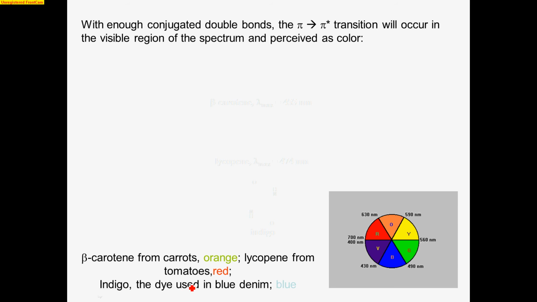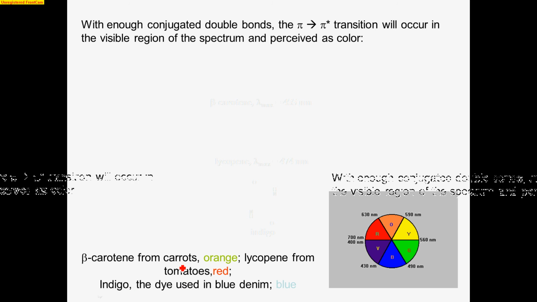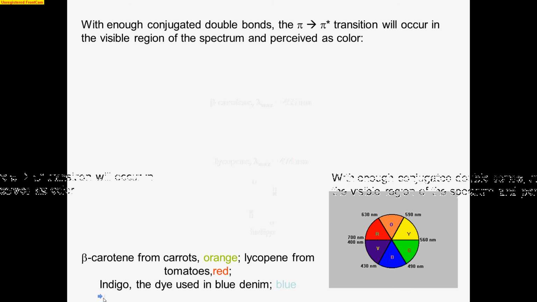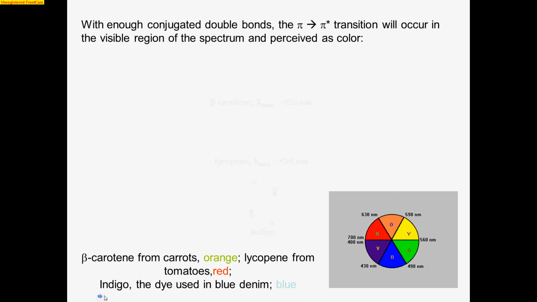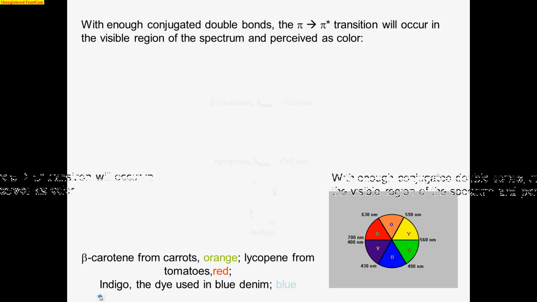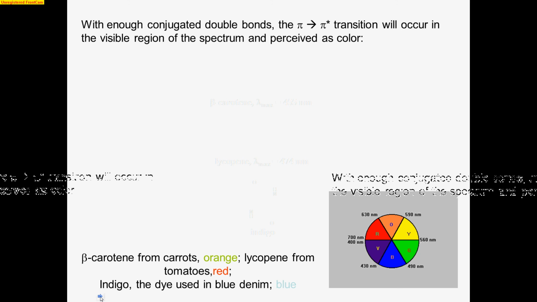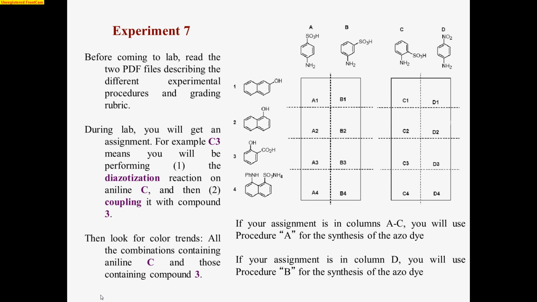Okay. And here is a great slide that you can't really see all the details of, so let's just skip it. The premise of this slide is to talk about how long the conjugation is in an organic system and how you can correlate that to the wavelength of light, i.e. what color light.